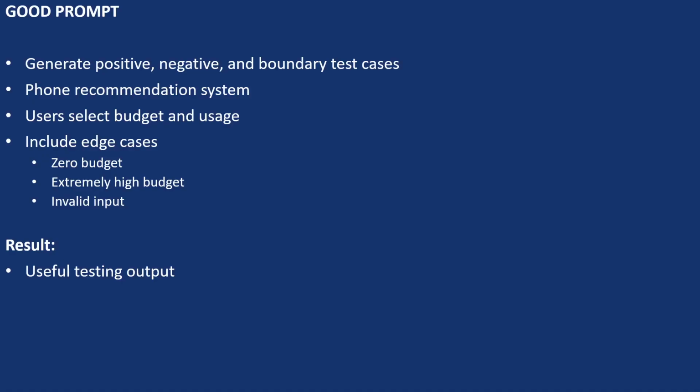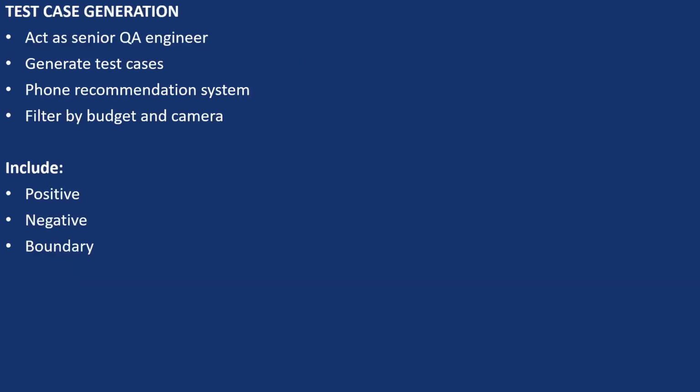Include edge cases like zero budget, extremely high budget and invalid input." The AI output here will be much more useful for testing. You will see that just adding more detail completely changed the output. The AI did not get smarter, your instruction actually makes it smarter.